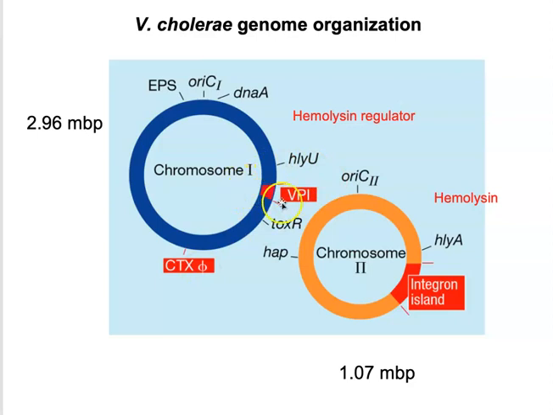Another horizontally acquired piece of DNA are pathogenicity islands. Here's a Vibrio pathogenicity island, specifically a set of genes that expands cholera's virulence. And then over here is a so-called integron island. These are often referred to as gene traps, and I'll show you that in a little bit more detail.